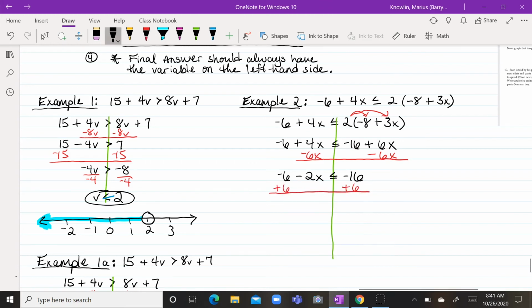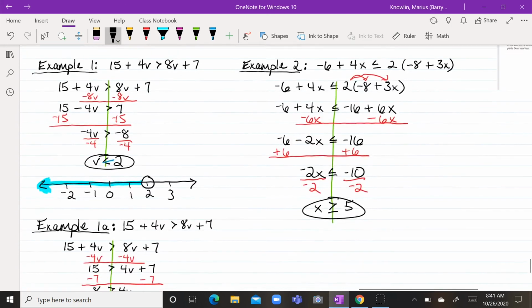When we do that, that's going to become -2x less than or equal to -10, because -16 and +6 combine to make -10. And now, once again, we're dividing. And because we're dividing by a negative, the symbol has to be reversed. And the negative divided by a negative is a positive. So we get x is greater than or equal to +5.